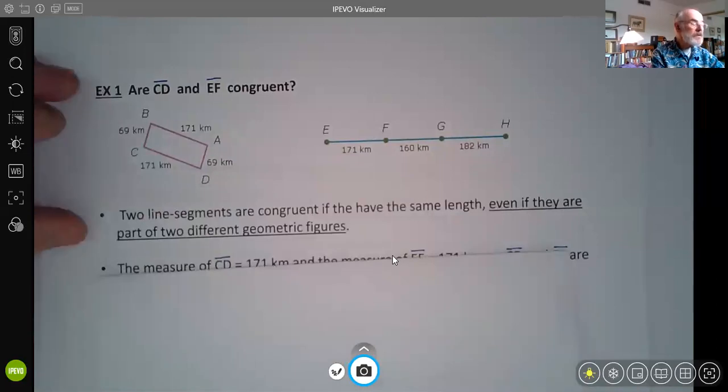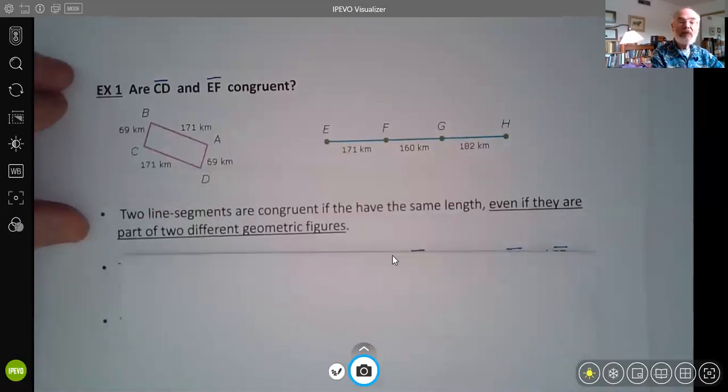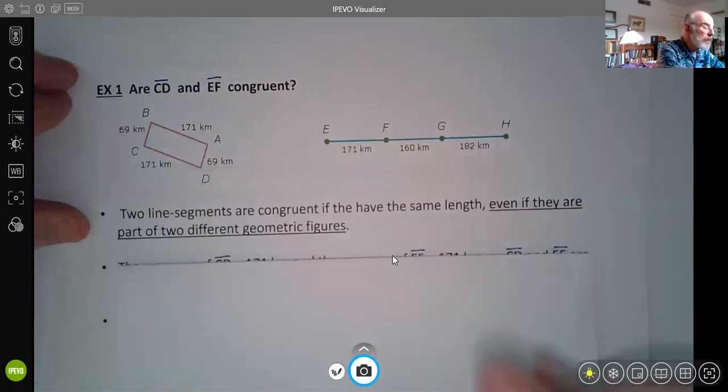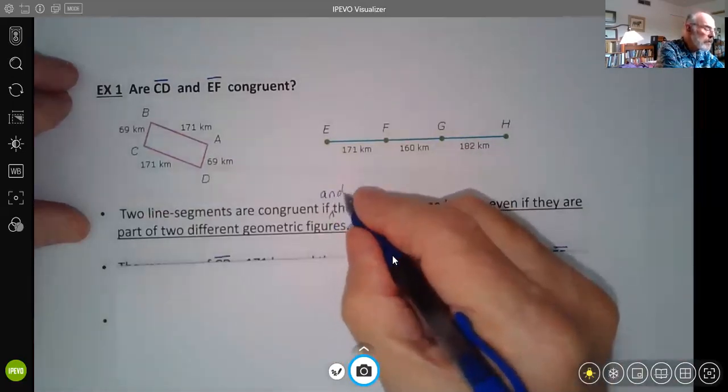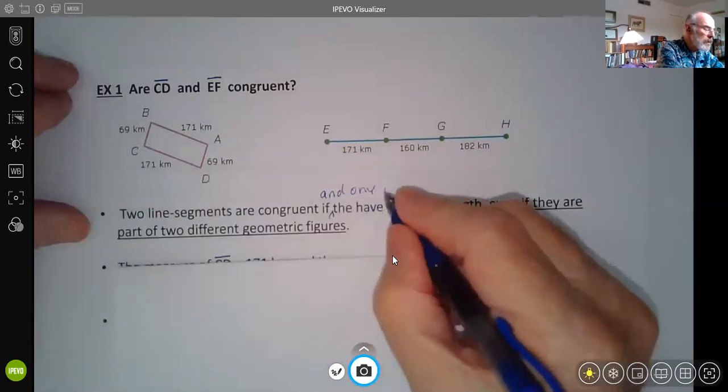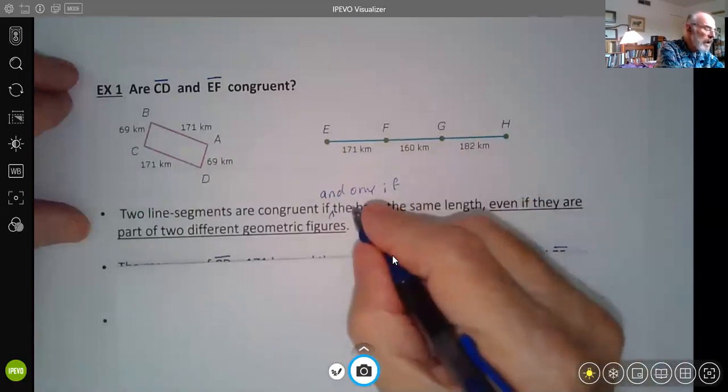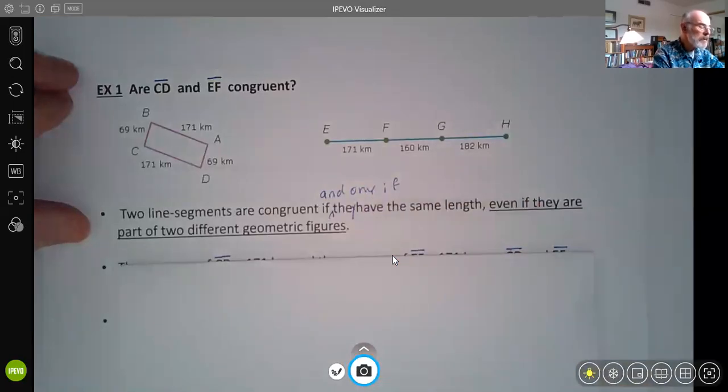Two line segments are congruent if and only if they have the same length, even if they are part of two different geometric figures. That's the biggest thing.